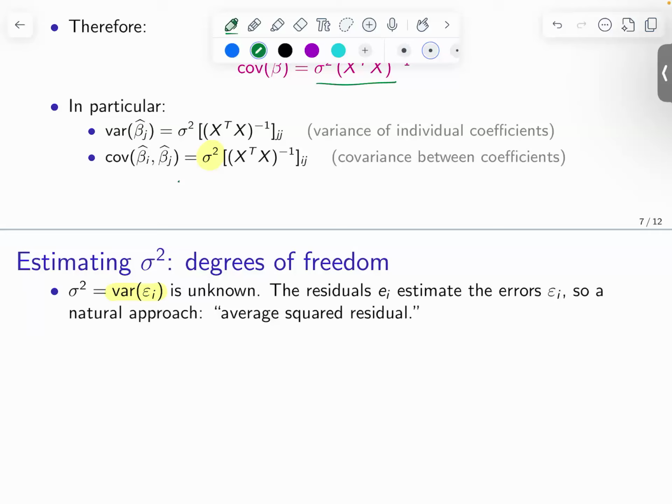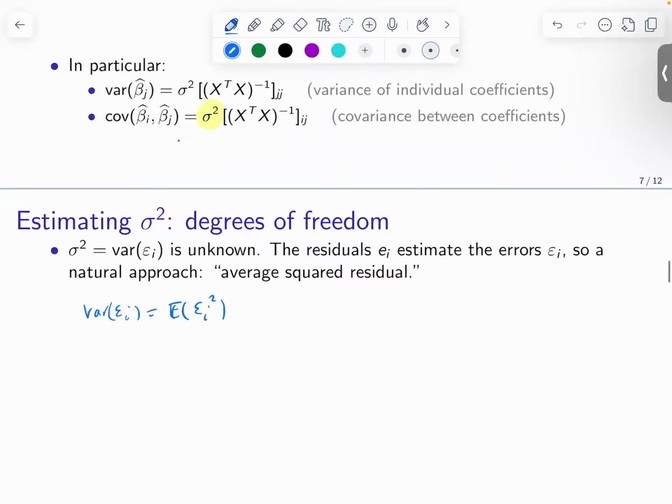So if I have the epsilon i's, first we note that it's going to be a little bit easier because the mean is 0, so I don't have to subtract the mean. Let me remind you that the variance would be the expectation of epsilon i squared, because the mean is 0, so it's equal to the second moment. And because they all have the same variance, this is for all i.